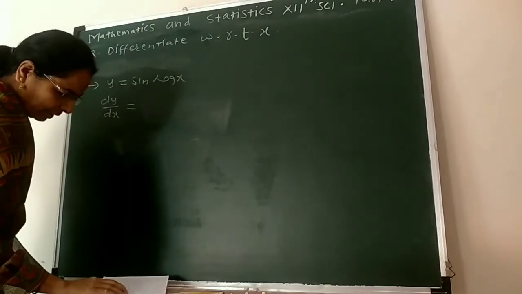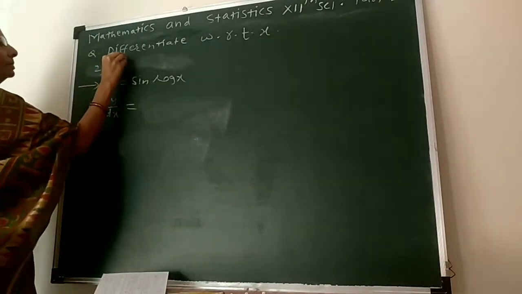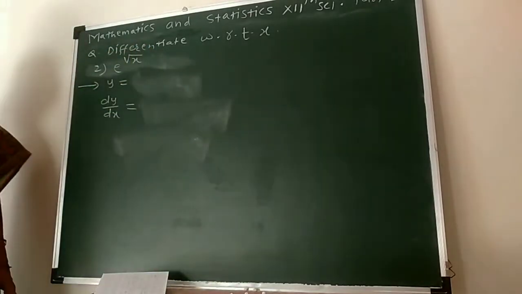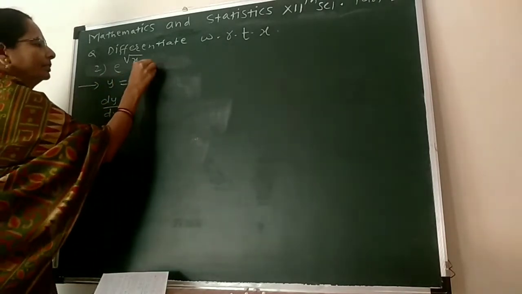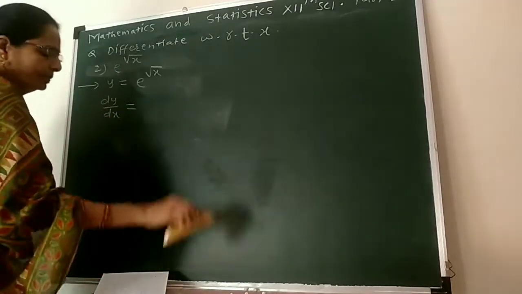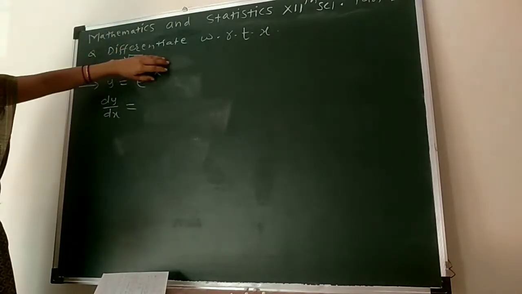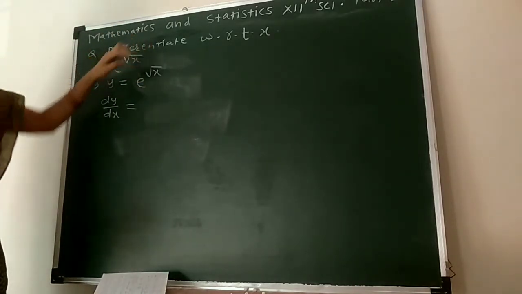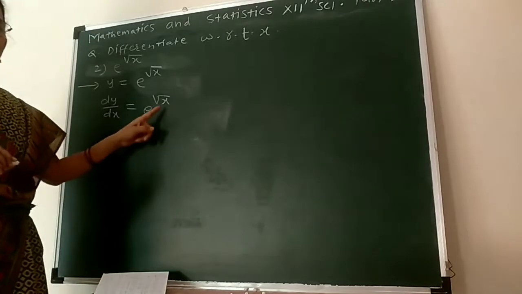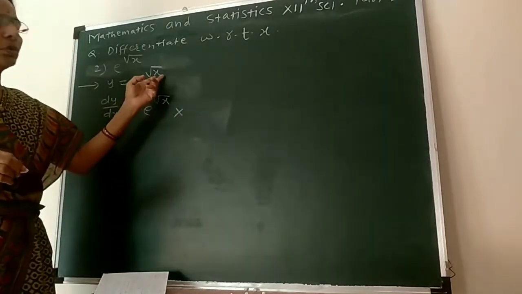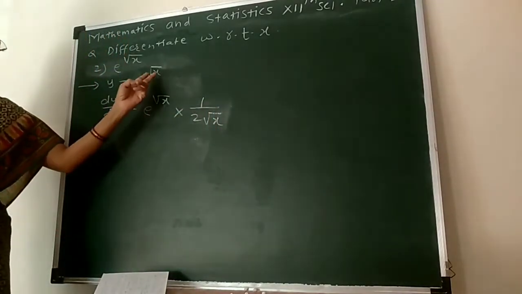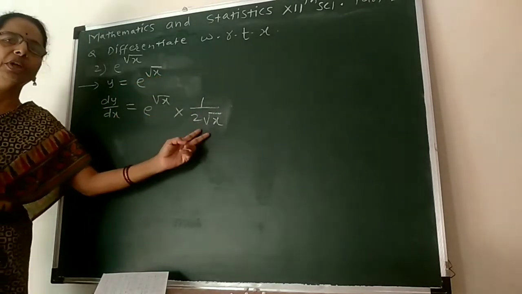Next question, e raised to root x. y equal to e raised to root x, dy by dx is equal to, suppose for y this is x, so e raised to x derivative is e raised to x, but x is this root x, so e raised to root x multiplied by derivative of root x, which is 1 upon 2 root x.